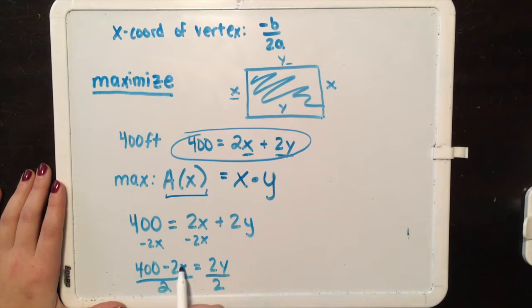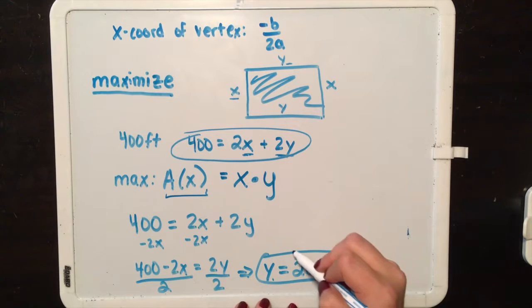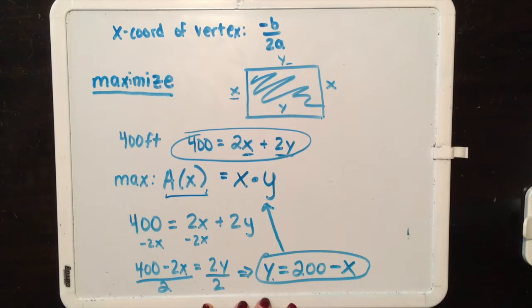You can divide both of these terms by 2, and we get y equals 400 over 2, which is 200, minus 2x over 2, which is just x. So y equals 200 minus x, and we can plug this in to the area function.